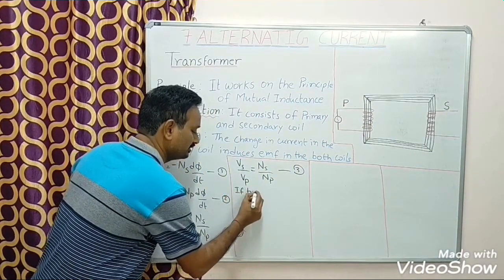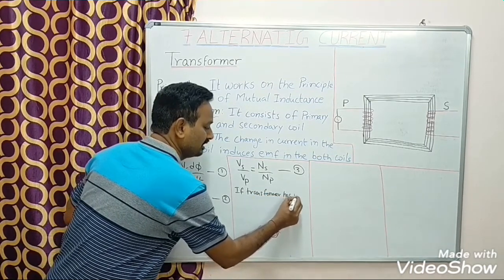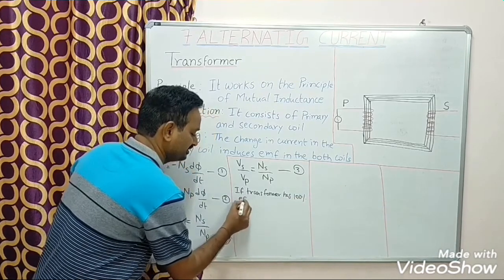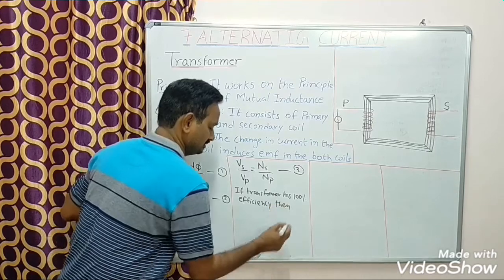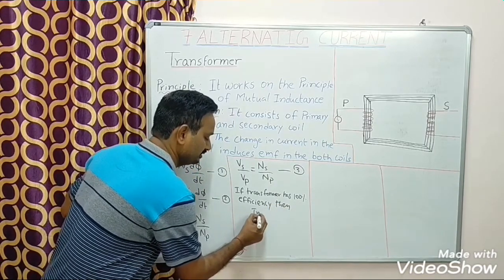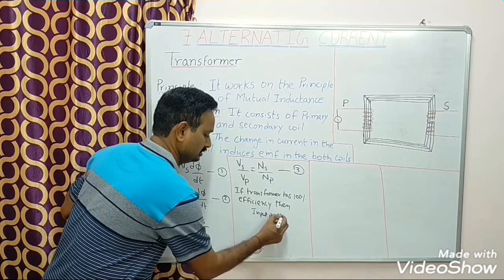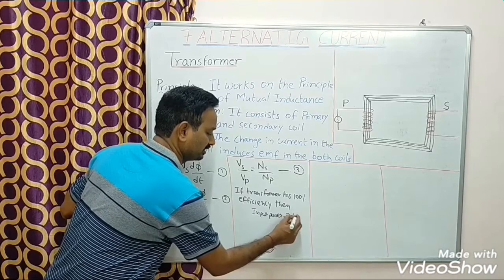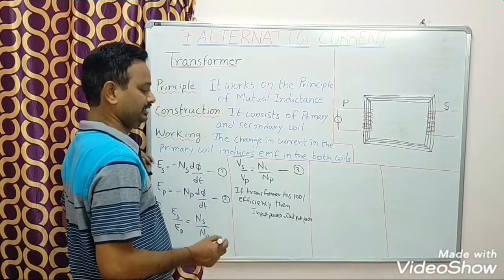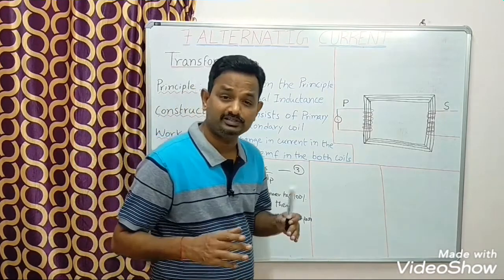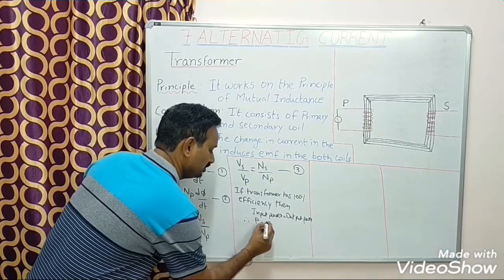If transformer has 100% efficiency, then input power equal to output power. So here power is constant. Therefore P equal to constant.